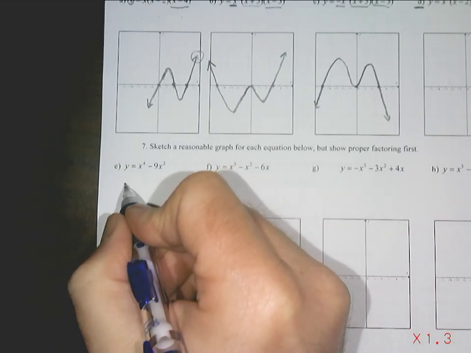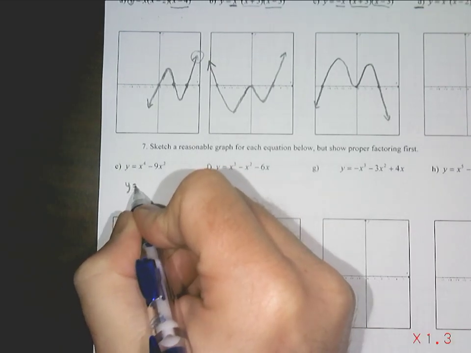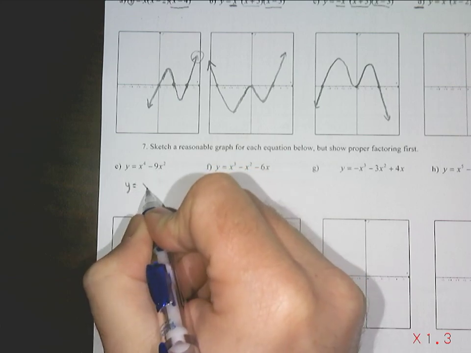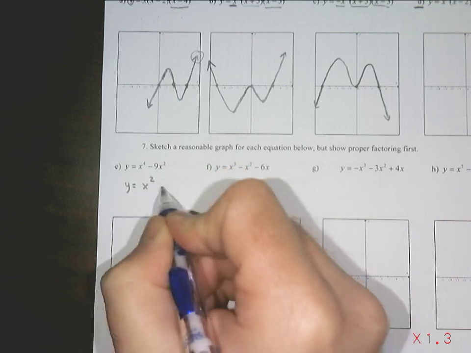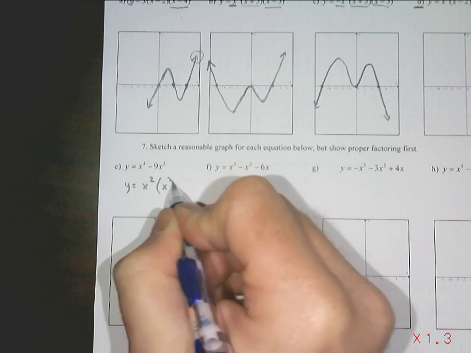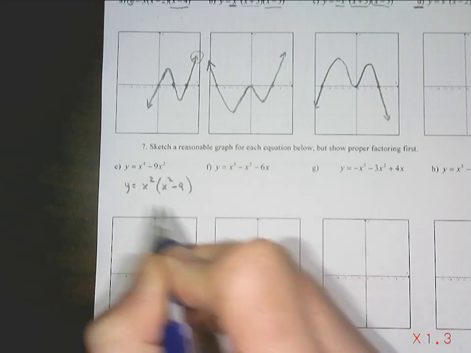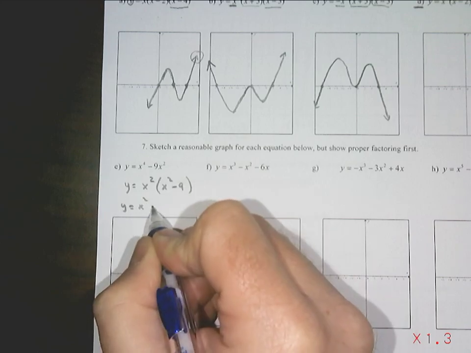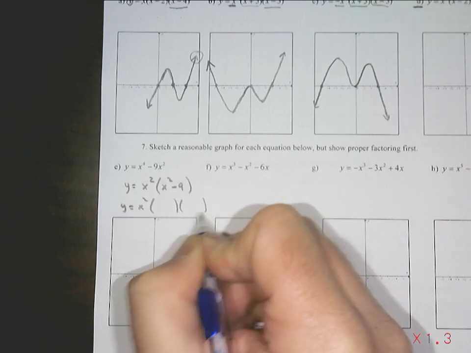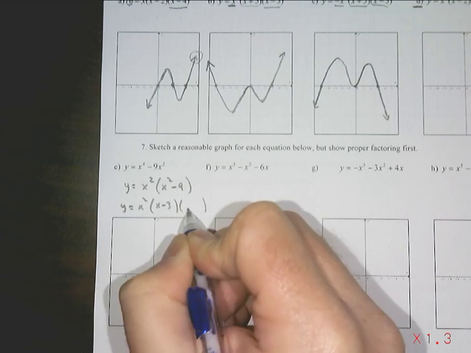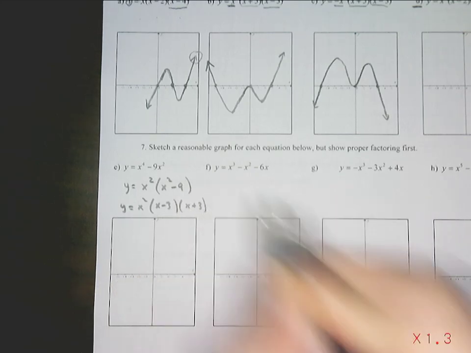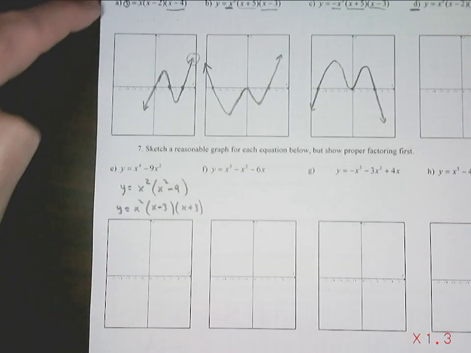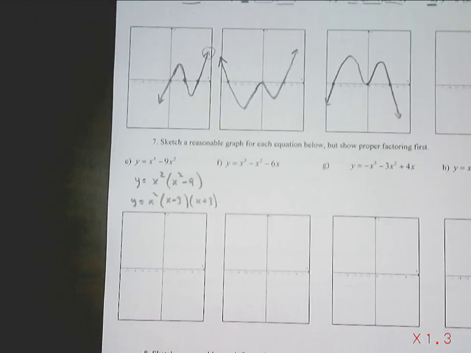For example, on E here, we factor first by taking out an x squared from both of those items, which would leave that. Then we factored the x squared minus 9 farther, and it factors to an x minus 3 and an x plus 3. So once you get it factored, it's the same rules as the problems up above.